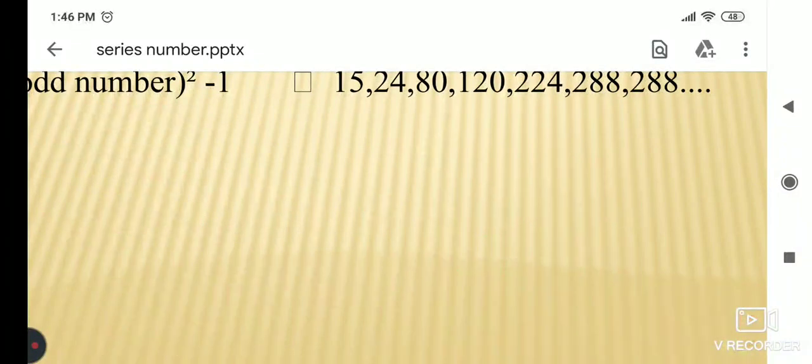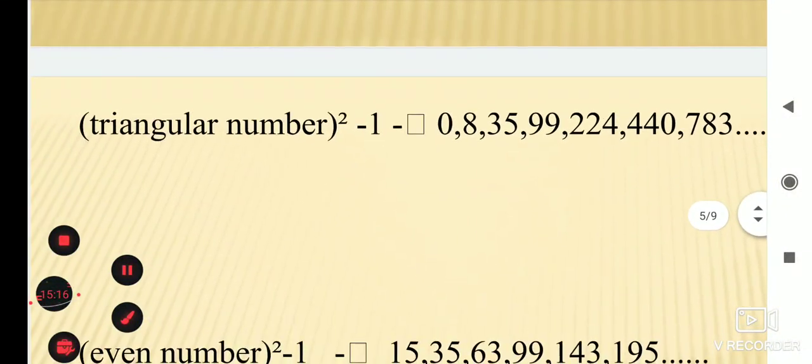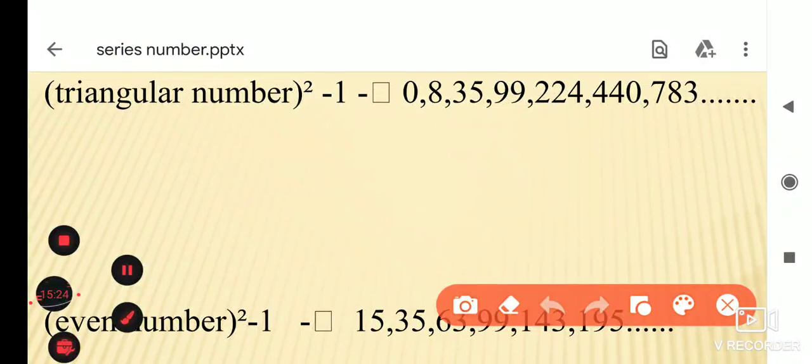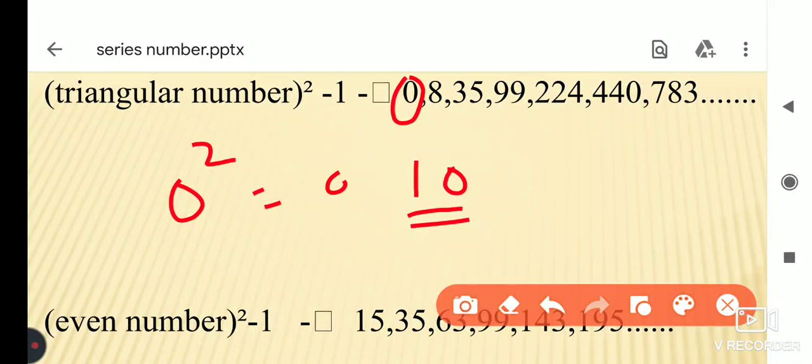Okay, so the next example is the triangular number square minus 1. Okay, in these numbers we can easily find that the square of 0 is 0. So the first answer here we get 0. The next triangular number is 10.